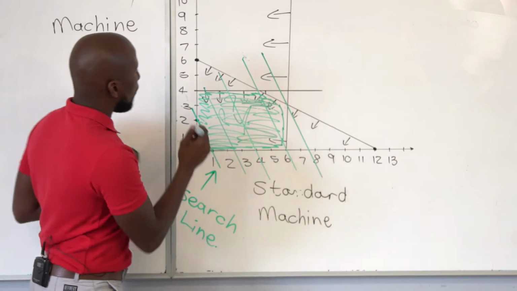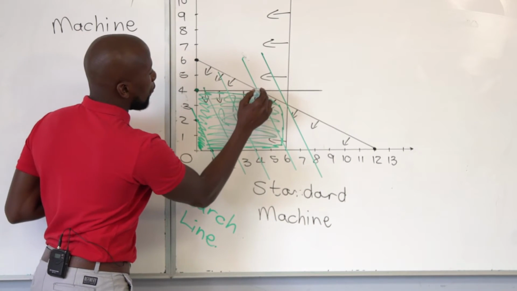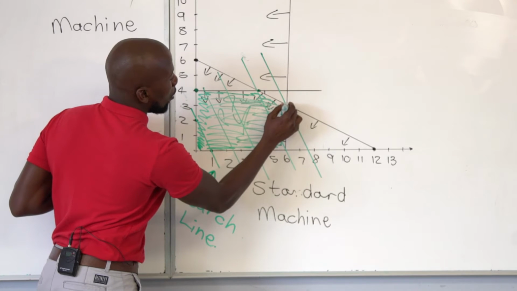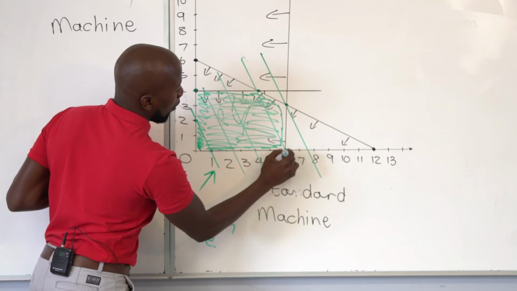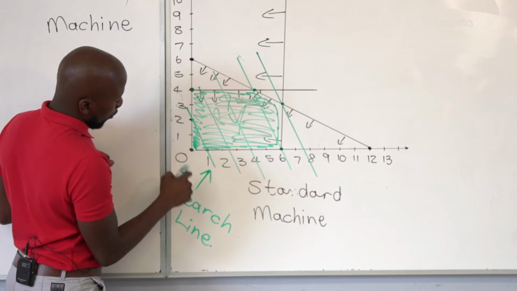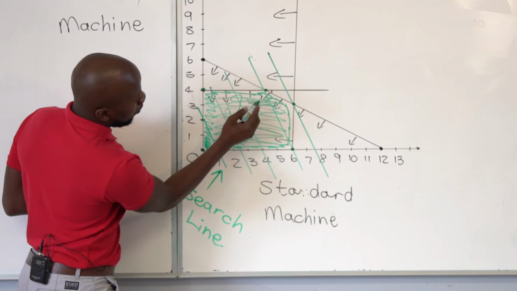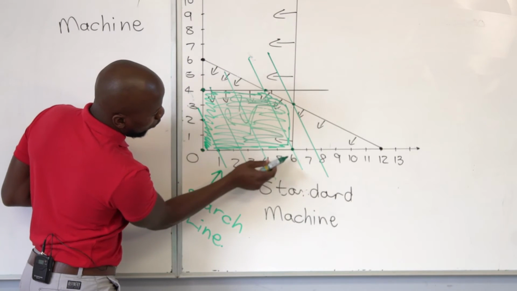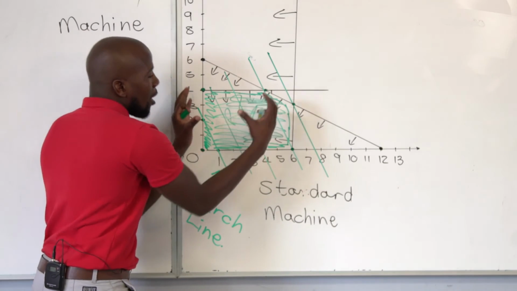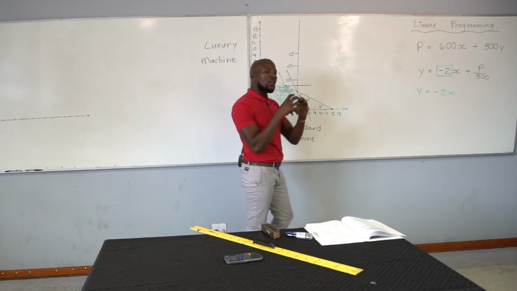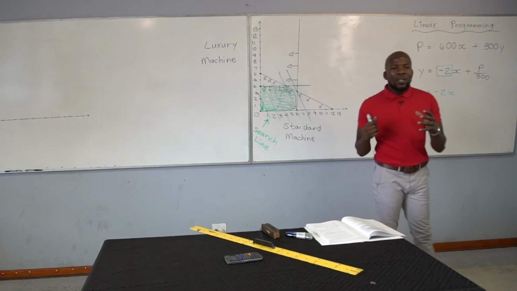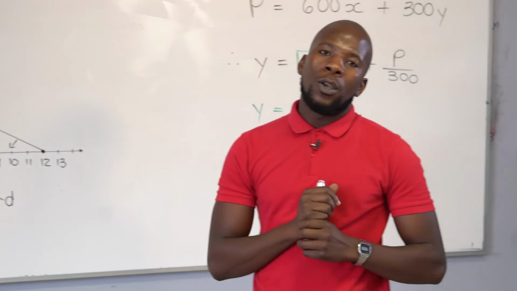We said each of these points which enclose the feasible region are considered vertices. Okay? So the first point, the second point, third point over there, fourth point, and fifth point. These are the points which enclose the feasible region.